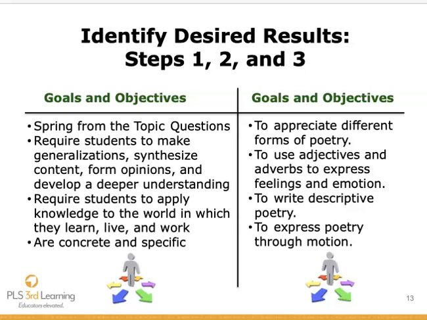They require students to apply knowledge to the world in which they learn, live, and work. You may notice that this involves the levels of understanding and the questions for life thinking skills. Remember, goals and objectives are concrete and specific. On page 161, read the goals and objectives for Poetry in Motion.